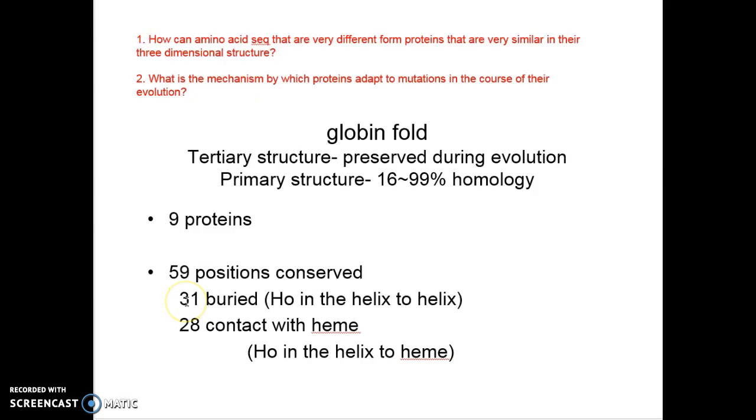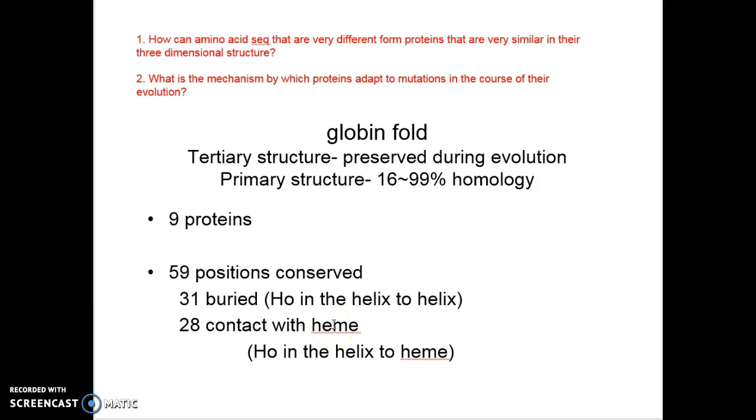First, 31 residues are localized between helix and helix interactions, mostly hydrophobic residues. And the second group just contacts with heme.